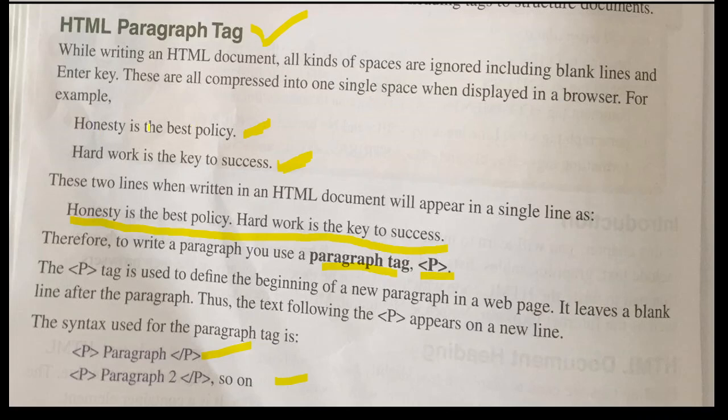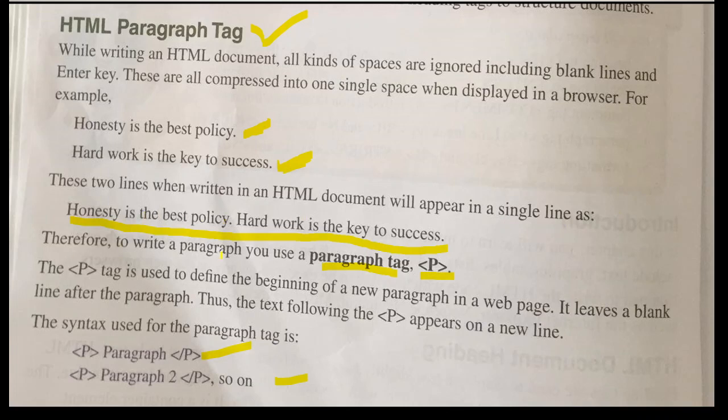So for example, you can see here, honesty is the best policy. And then on the next line, hard work is the key to success. These two lines, when written in an HTML document, will appear in a single line as you can see here.